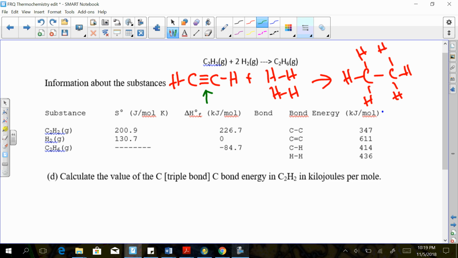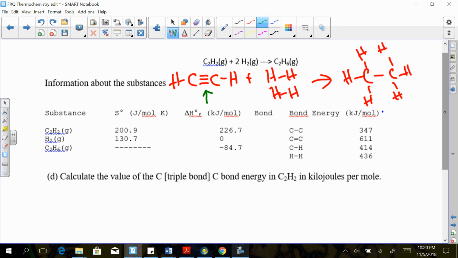And so the relationship, we know that all the bonds broken require energy, and all the bonds formed release energy, and we can add those 2 together. That gives us the enthalpy of our entire reaction. So we kind of have 2 steps. Step 1, find the enthalpy of reaction.